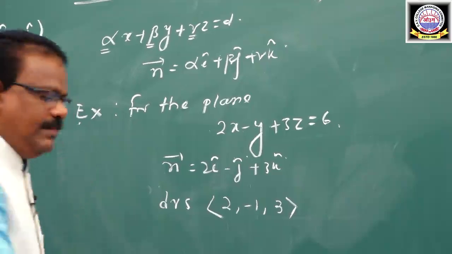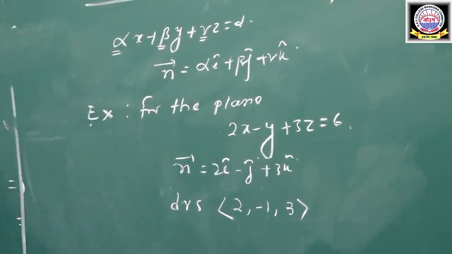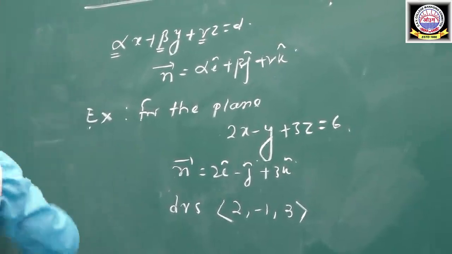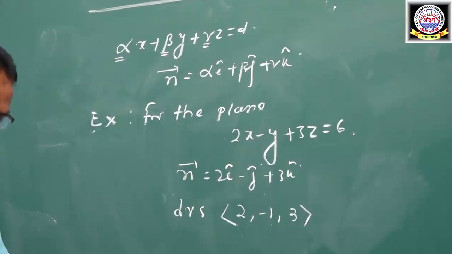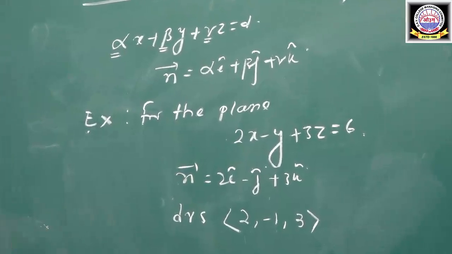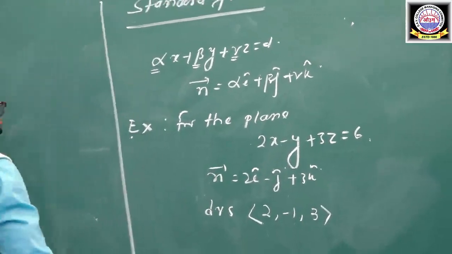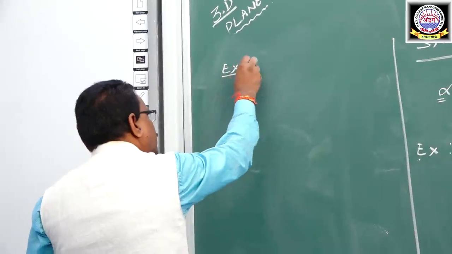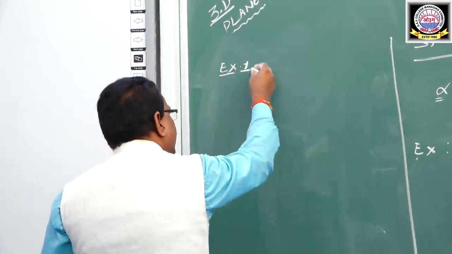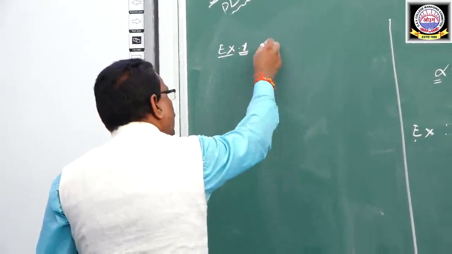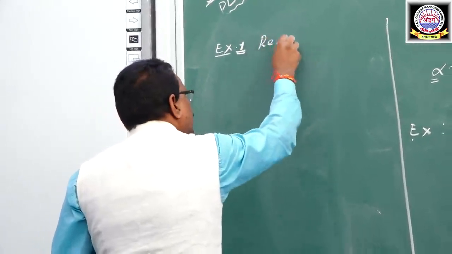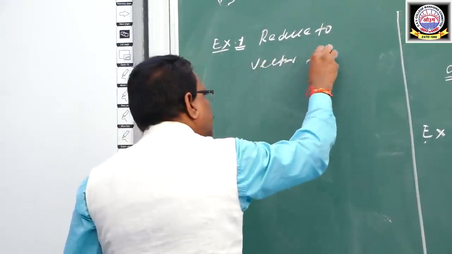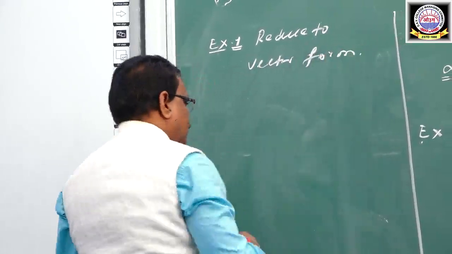So take a small example for it, that is the conversion of the equation of the plane from vector form to Cartesian form and Cartesian form to vector form. Take one example. This is a one mark question asked sometimes. Reduce to vector form. A small question is asked, reduce to vector form.